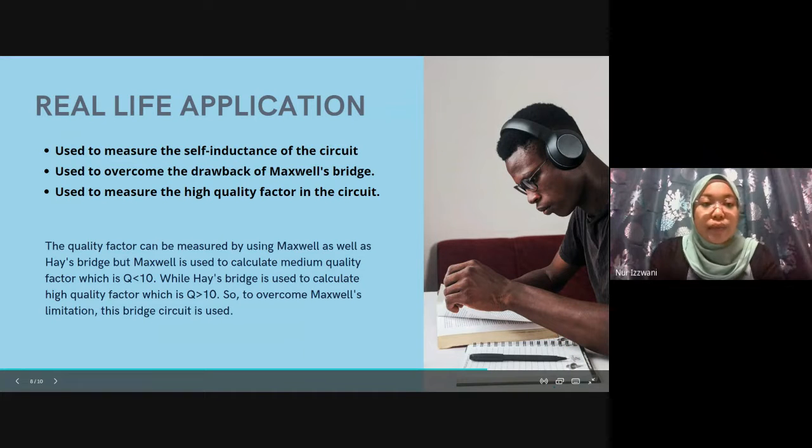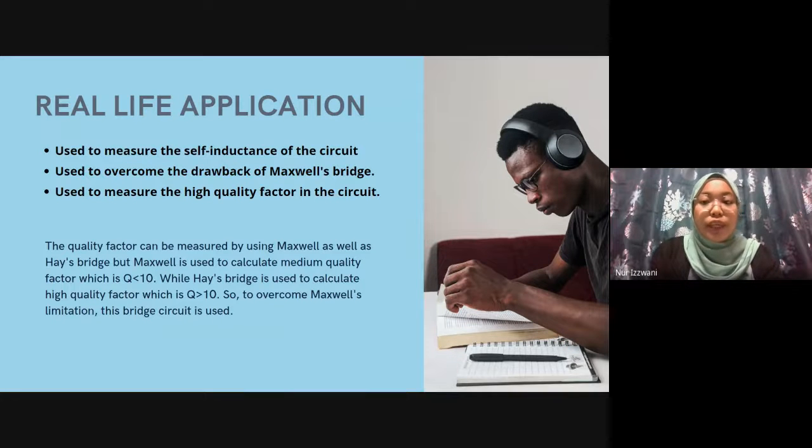Next, I will present the real-life applications of Hay Bridge. Hay Bridge is used to measure the self-inductance of the circuit. Second, Hay Bridge is used to overcome the drawback of Maxwell Bridge. And the last, Hay Bridge is also used to measure the high quality factor in the circuit.